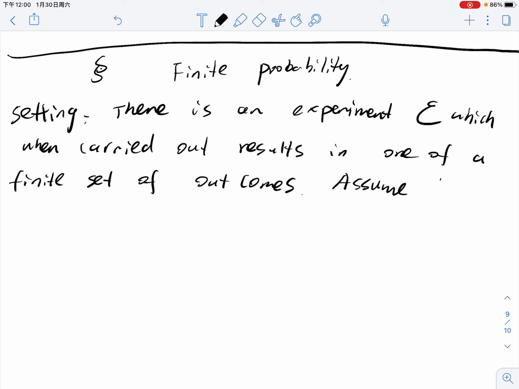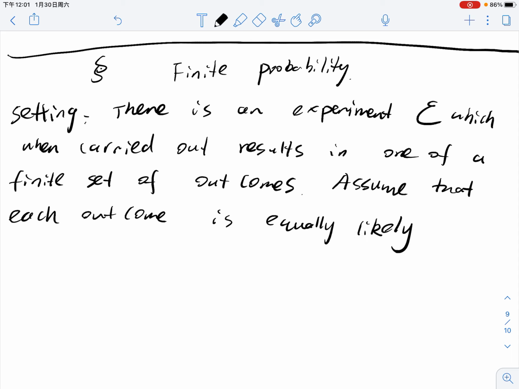Assume that each outcome is equally likely, or you can call such an experiment random.